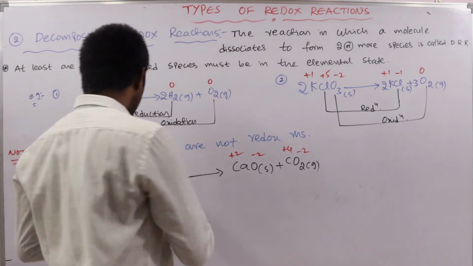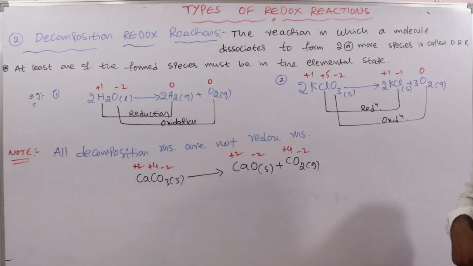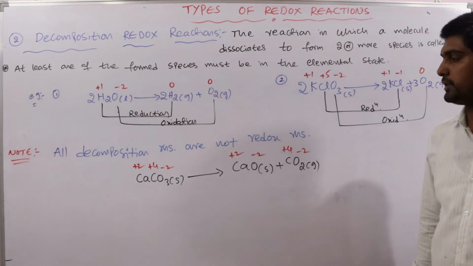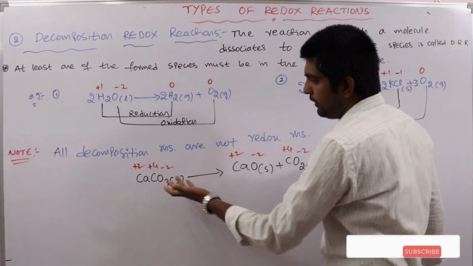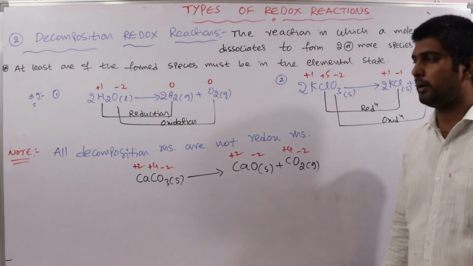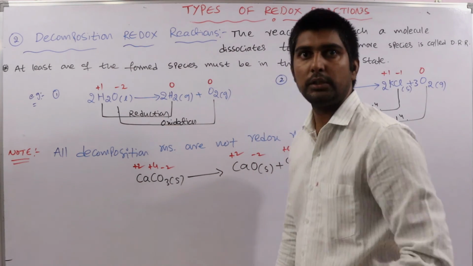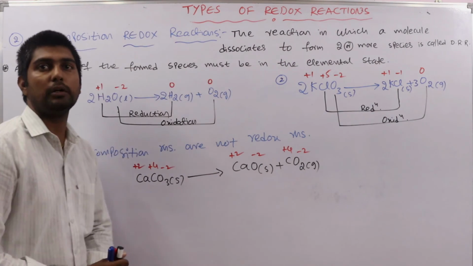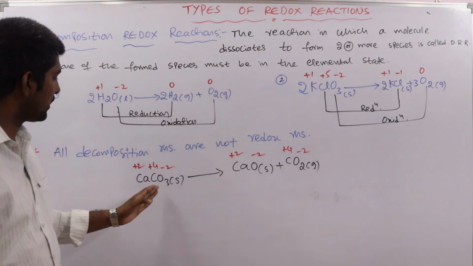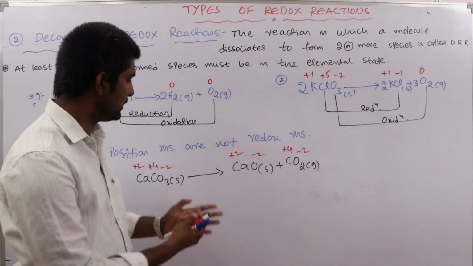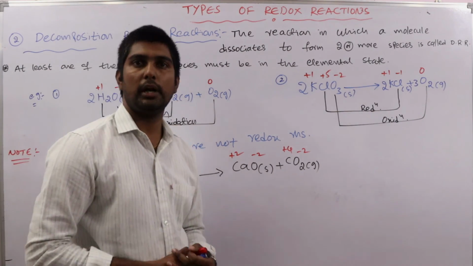Both on the reactant side and product side, every element is in the same oxidation state. No element is undergoing oxidation and none is undergoing reduction. So that's why it is not a redox reaction, but this is a decomposition reaction.